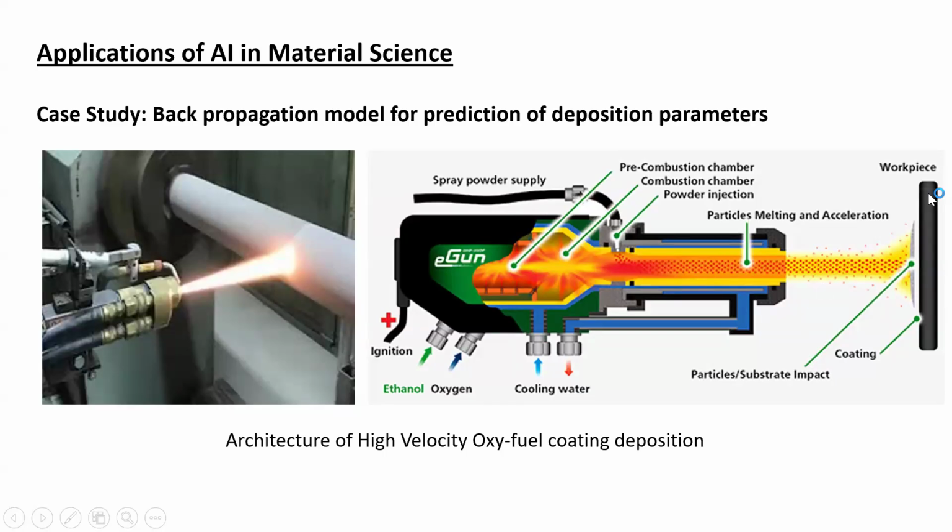So what is happening in this case? Suppose this is the implant that we have, and I want to deposit a coating on this implant. We have a gun available, and that gun is operated at very high temperature. Inside the gun, we have the combustion chamber, and there we have a temperature of more than 3000 degrees Celsius. Suppose I want to make a coating of some material, XYZ material.